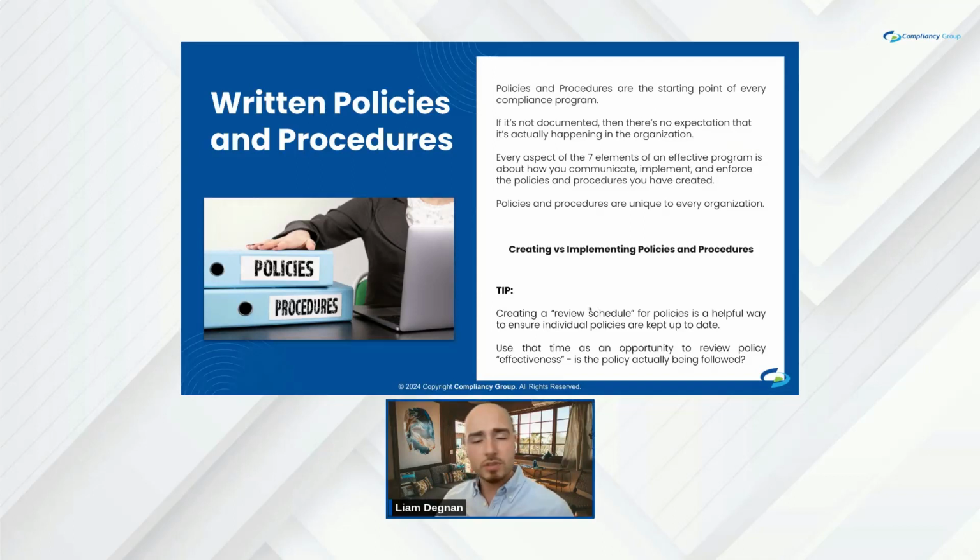So when you're reviewing policies, it's worth making sure that they're being implemented, and having some sort of a review schedule where you're getting automatic reminders. And again, this doesn't have to be an expensive piece of technology. It could just be a reminder from your calendar letting you know this month I'm going to review these groupings of policies, and have that be something that's on autopilot for you, so you don't have to be thinking about it constantly.